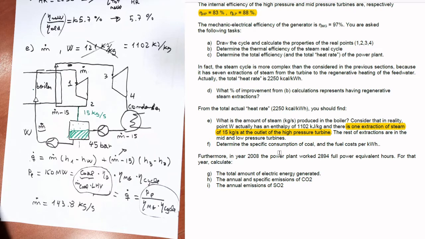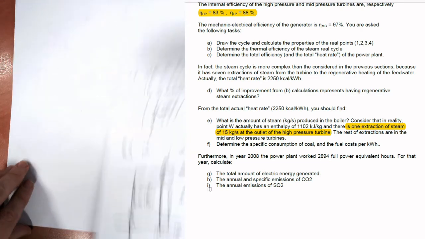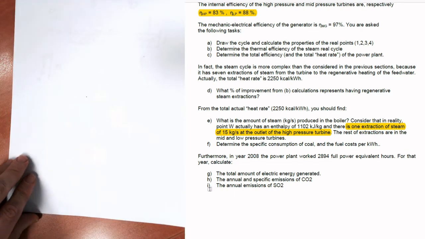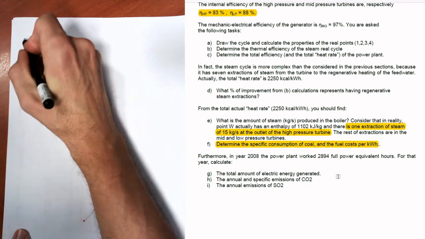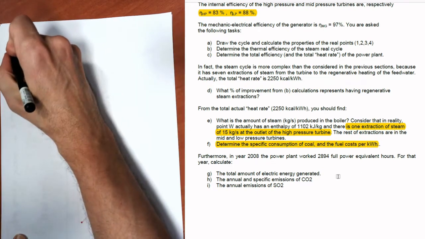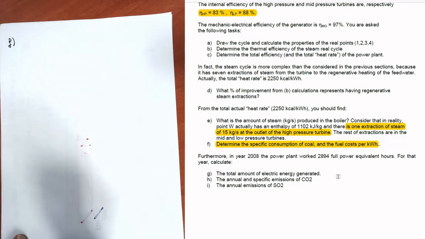Okay, last questions, F, G, H, and I. Which is asking us to determine the specific consumption of coal and the fuel cost per kilowatt hour. Look, here it's important to notice about the heat rate. Understand well the heat rate.